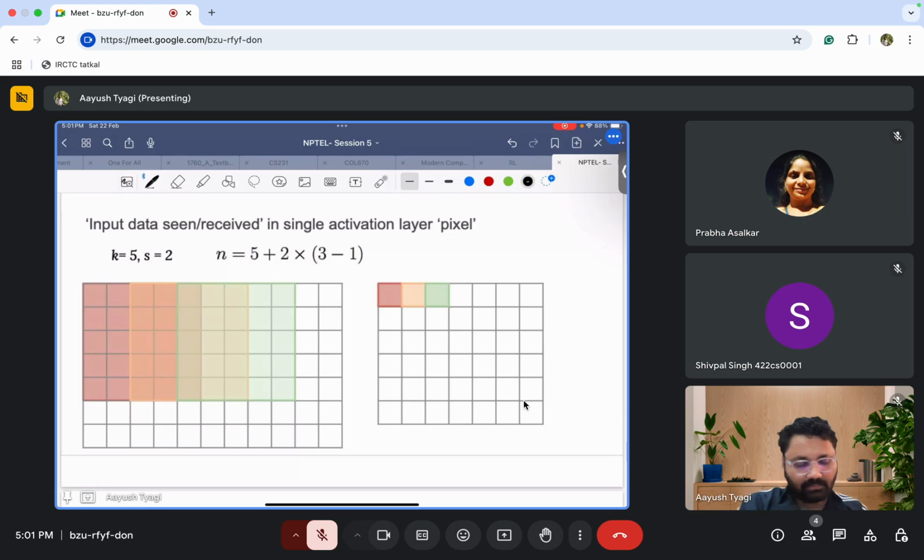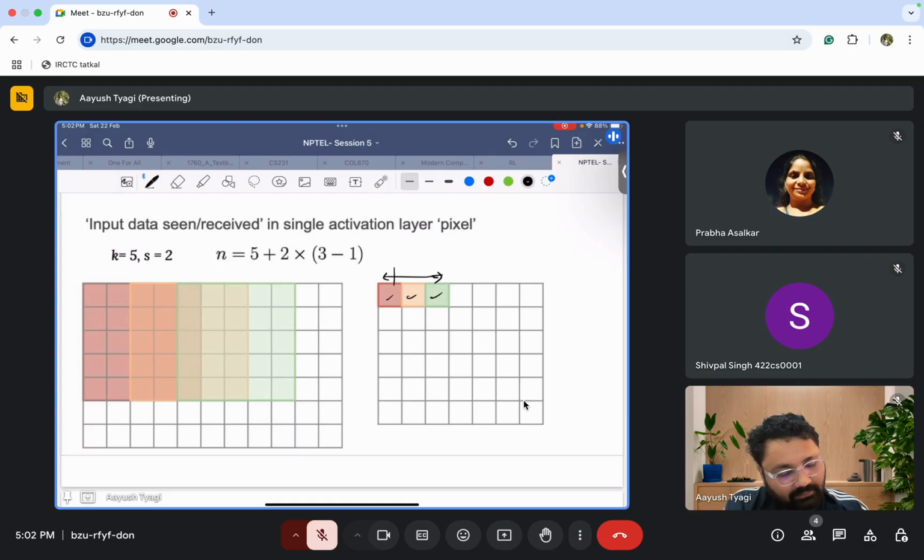right? So now for these three values, what should be the receptive field is something which we are asking. Receptive field means how much of the region in the input space these three filters correspond to.